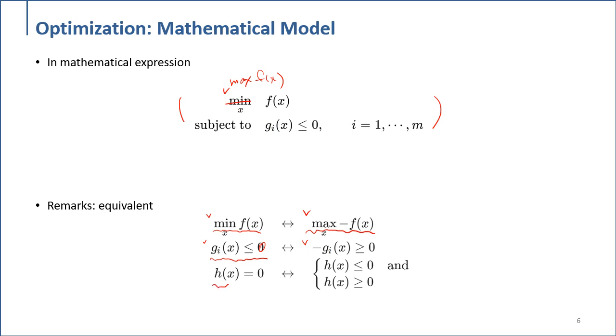And if you have a constraint h(x) equal to 0, then you should consider both cases: h(x) should be smaller than or equal to 0 and h(x) should be larger than or equal to 0. By simultaneously satisfying these conditions, we make the equivalent system that h(x) is equal to 0.